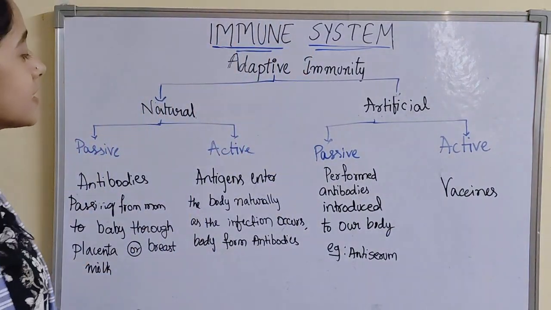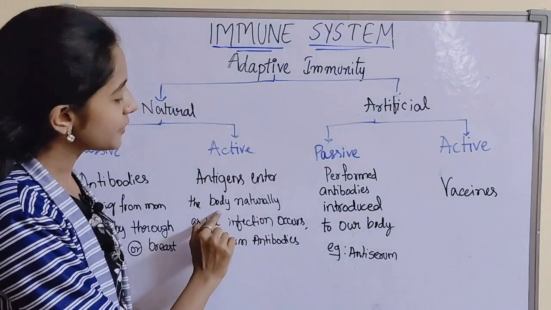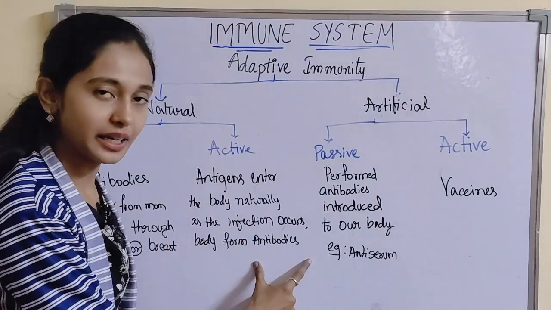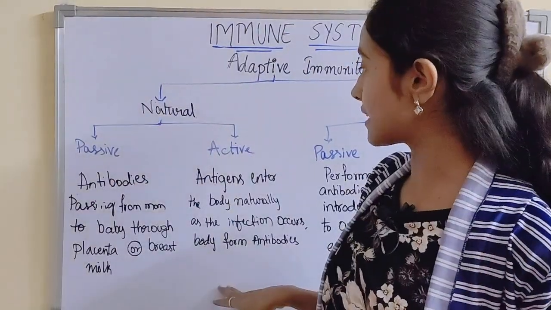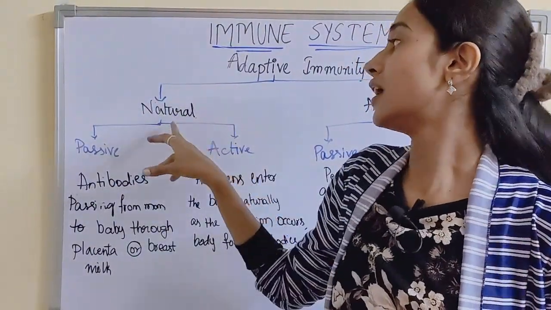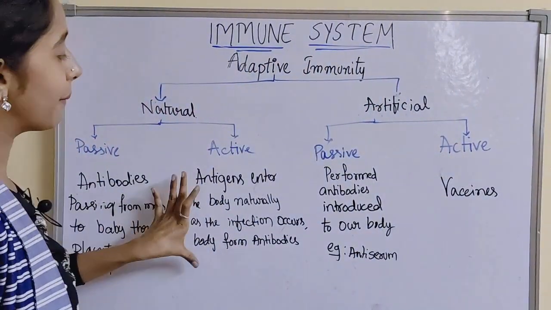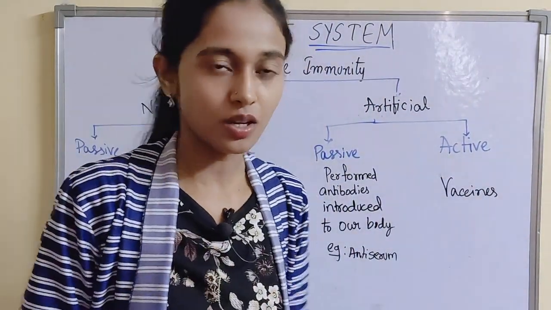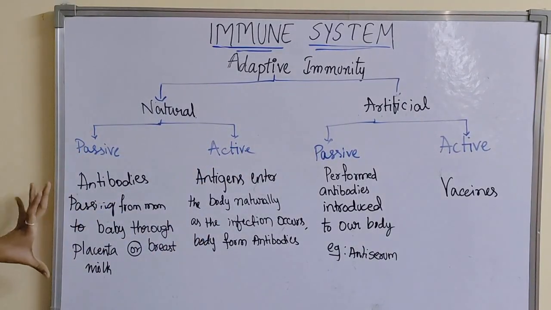But एंटीजन जैसे ही हमारी बॉडी के अंदर एंटर करेगा, our body will form antibodies. So this type we call active naturally adaptive immunity because यहाँ पर हमारी बॉडी कुछ काम कर रही है. So this is active. And यहाँ पर जैसे हमारी बॉडी कुछ नहीं कर रही, so we call it passive.